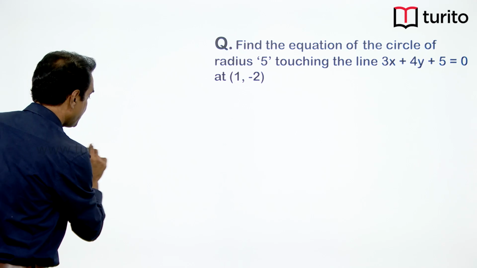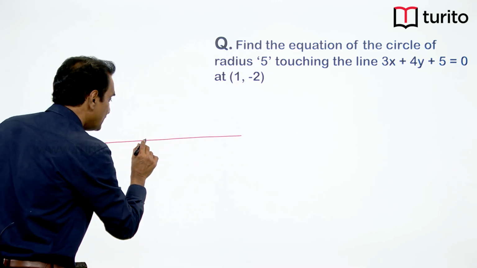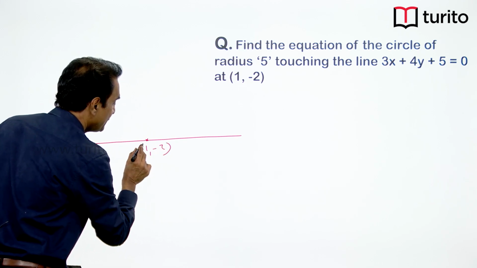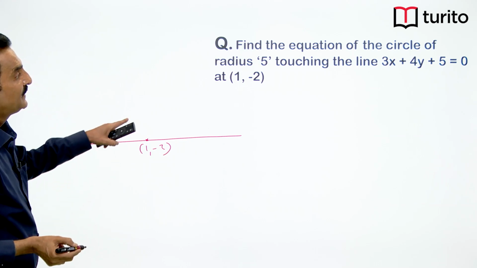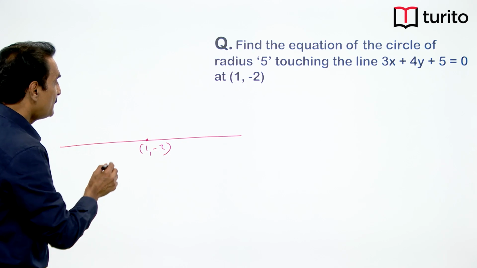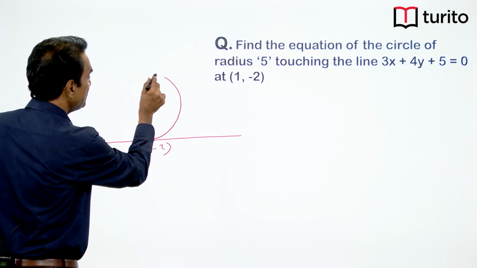Now let us take the line like this, and the point (1, minus 2) is here. Touching the line at (1, minus 2), we have to draw a circle with radius 5.